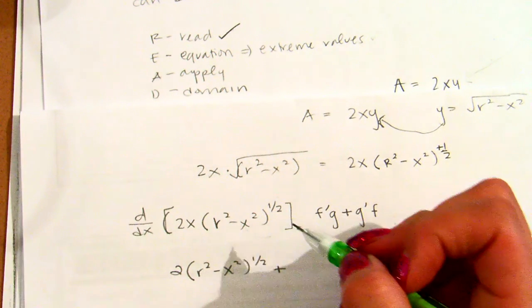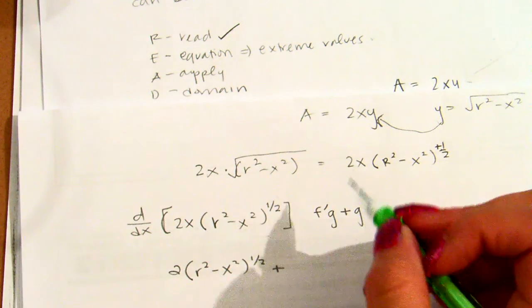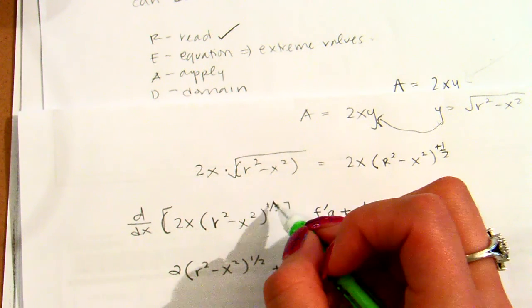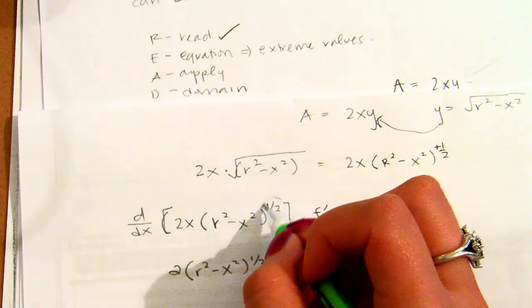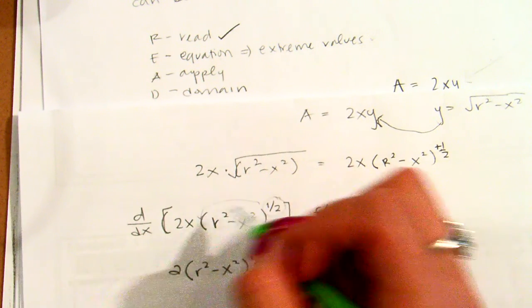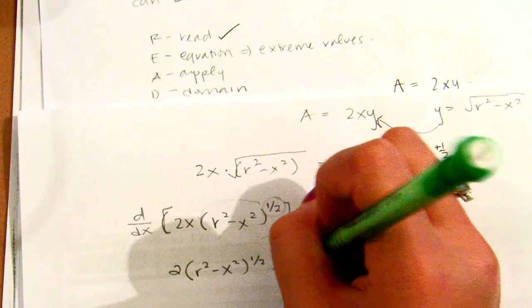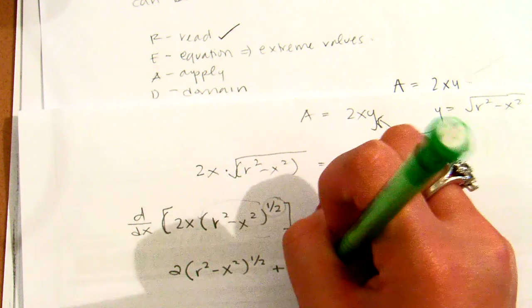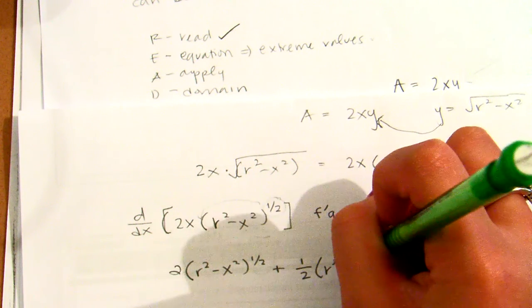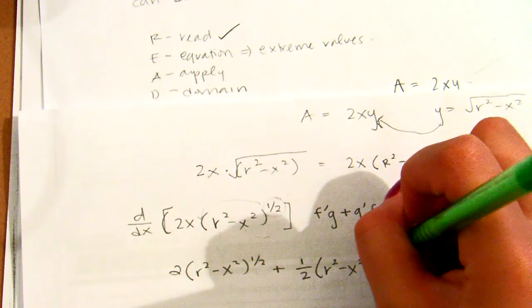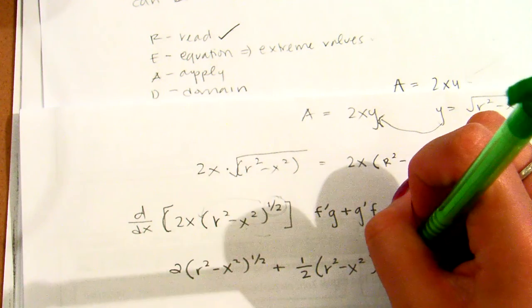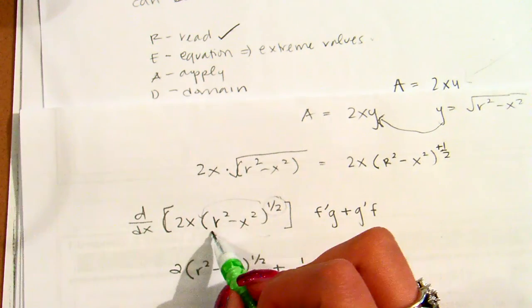The chain rule says that we multiply the derivative of the outside function by the derivative of the inside. We know that this is our outside function because it's an exponent. So we move it to the front, and everything on the inside stays the same. And we do 1/2 minus 1, which is negative 1/2. Then we multiply that by the derivative of the inside.